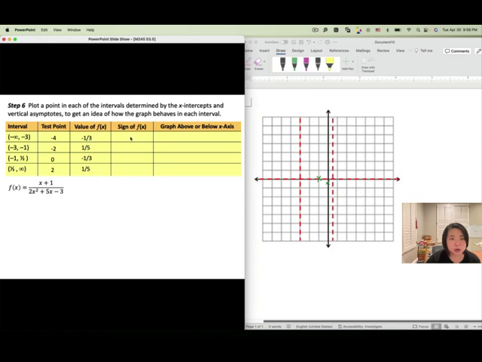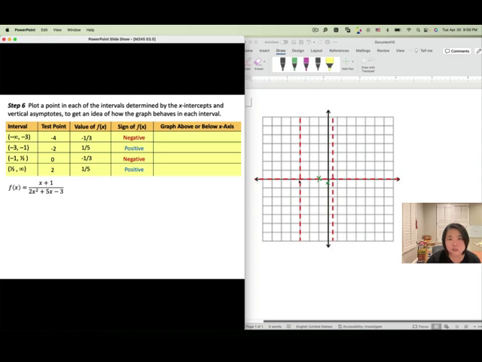Once you plug it in, you should get a number. Okay, so we only care about the sign of f of x. So if it's negative, I'm gonna put the negative. Positive, I'm gonna put the positive. And then graph above or below the x-axis. So from negative infinity to negative 3 here, we got the negative.